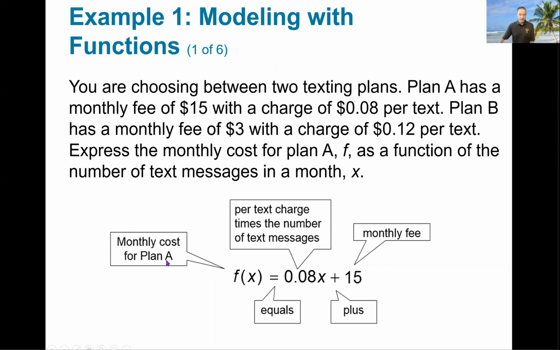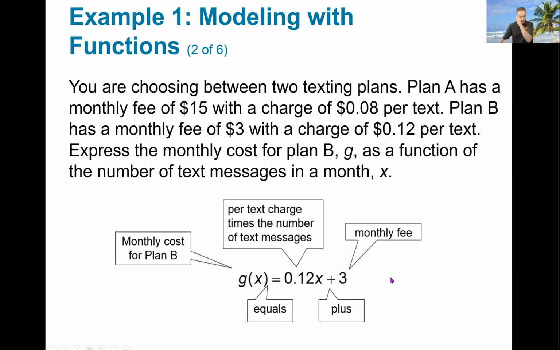So in my formula, f of x is going to represent the monthly cost for plan A. And I know in plan A it was a $15 base fee plus 8 cents per text. So I represent the slope here, 0.08 times x. It's going to equal the cost per text times the number of texts plus the base monthly fee of $15.